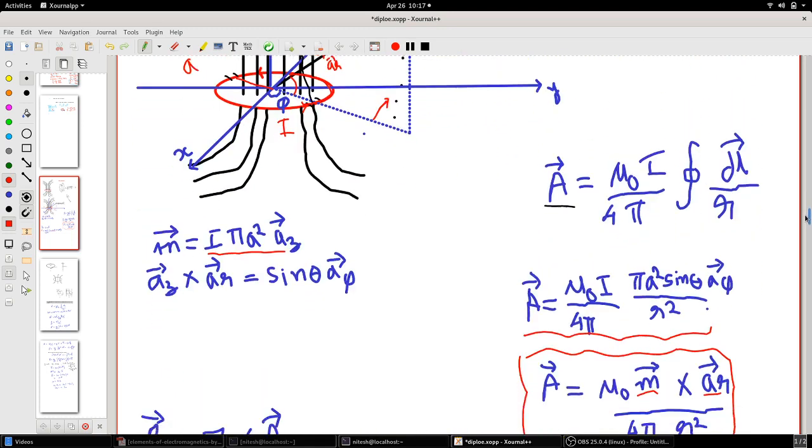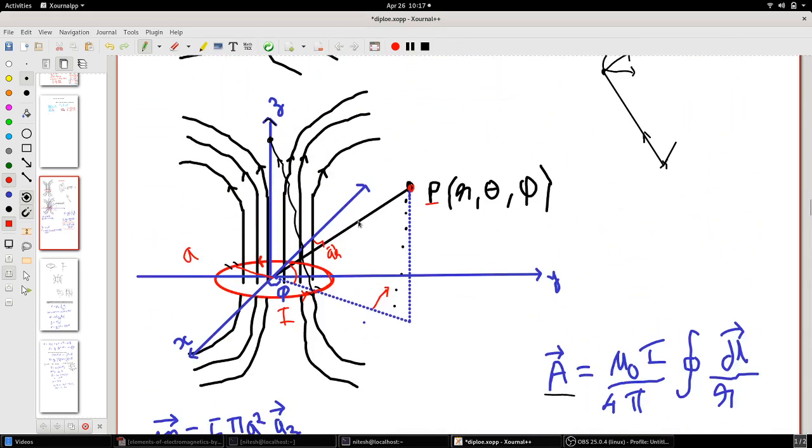So the whole thing was we wanted to find the magnetic field intensity at a particular point, not on the axis, which is at a distance r from the origin. There is a current loop in the xy plane carrying a current I. The radius of the current loop is A. These were the conditions.